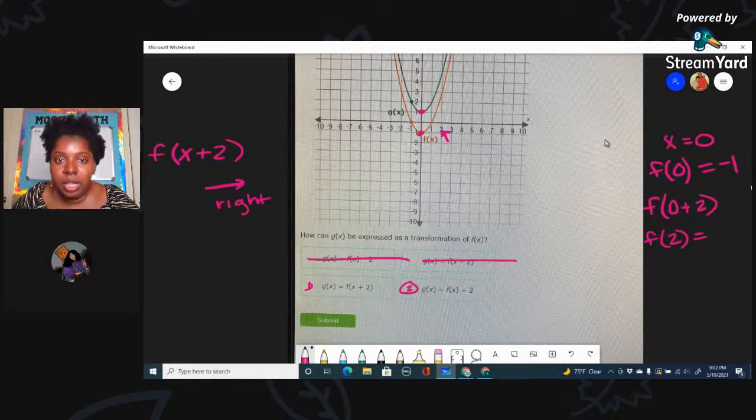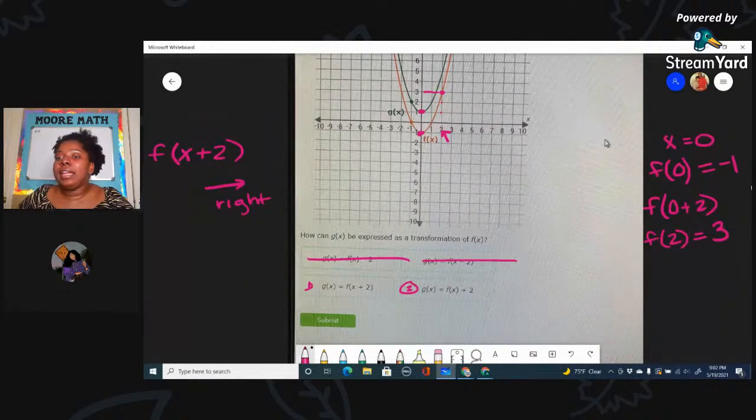Let's go up to the graph until we get to that red line. So we have 1, 2. Are we at the red line? Yeah. So look at that y value. What is it? 3. Yep. So f of 2 is 3. So they're saying that now g of 0 is now 3.